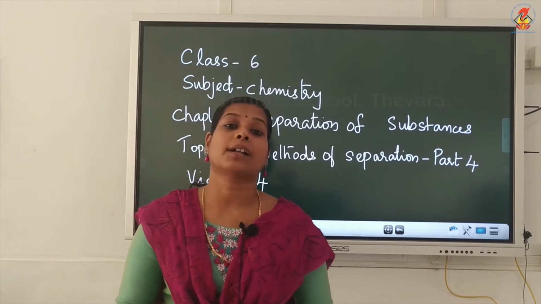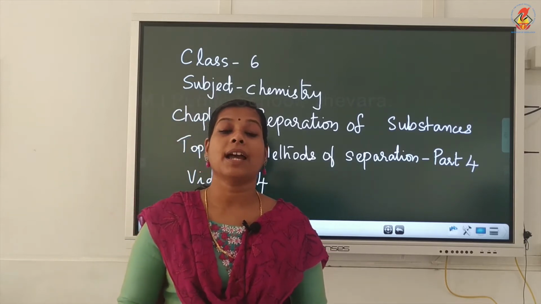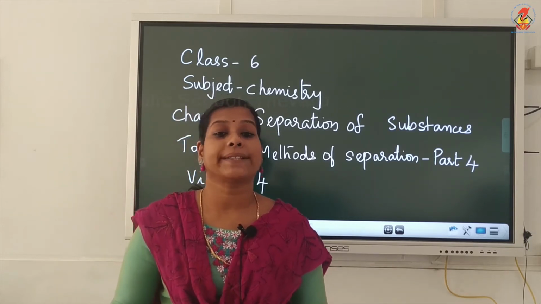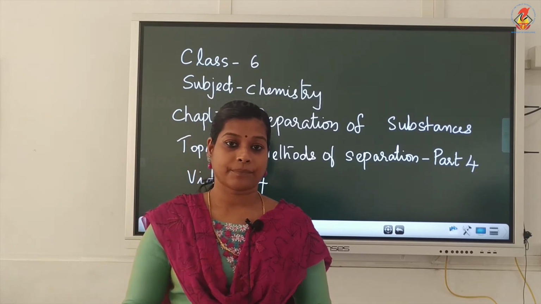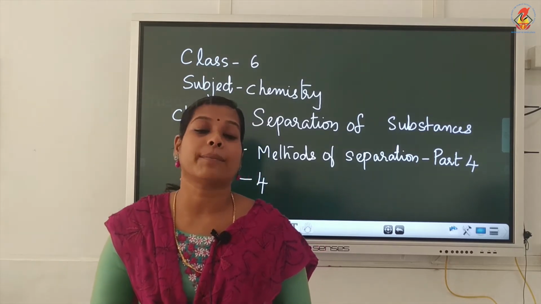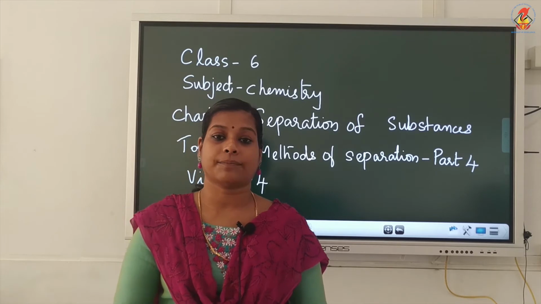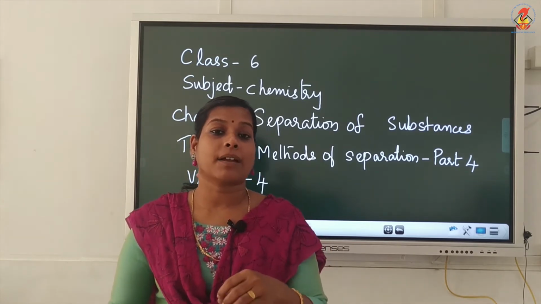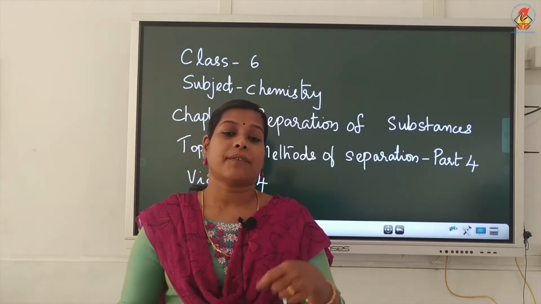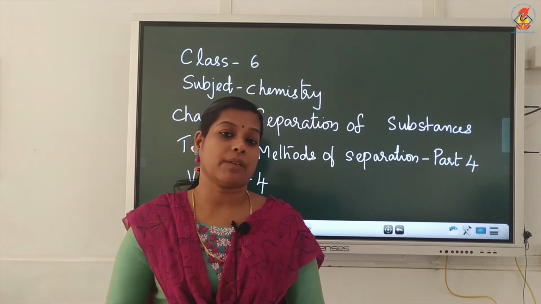Definitely impurities will be there in that salt, and you know that salt will dissolve in water. Salt is a soluble material in water. So when we add water to that salt, after stirring it will dissolve in water.